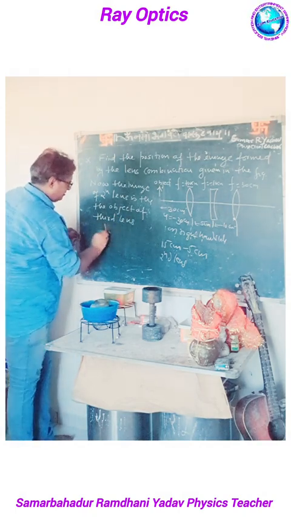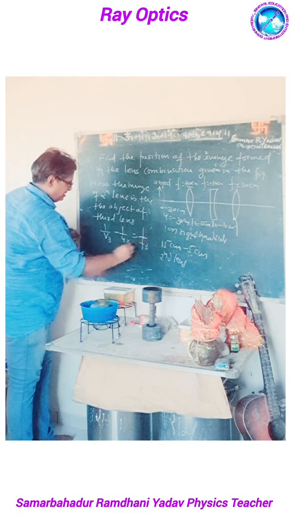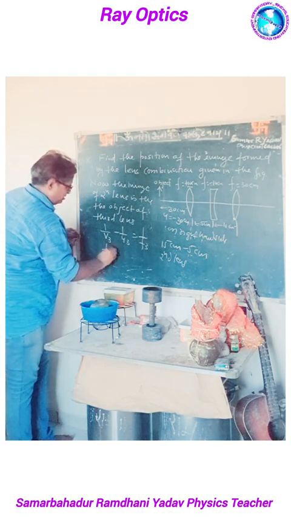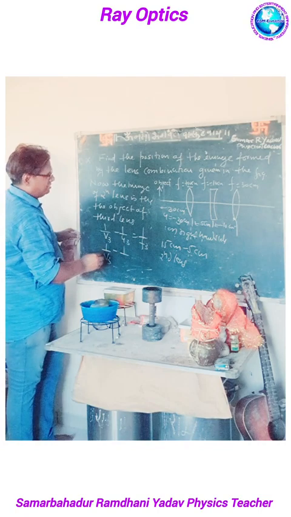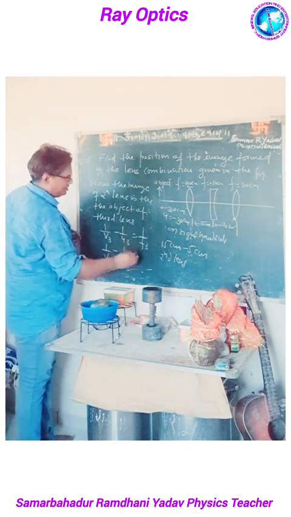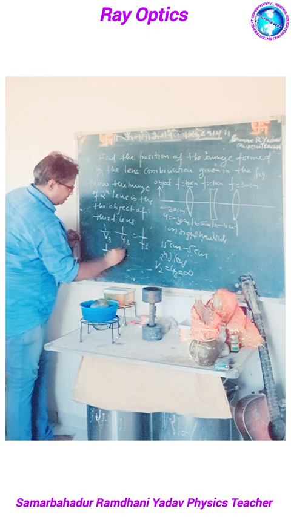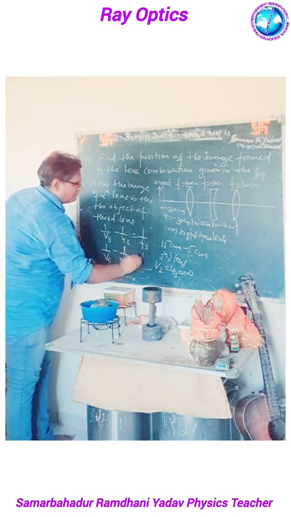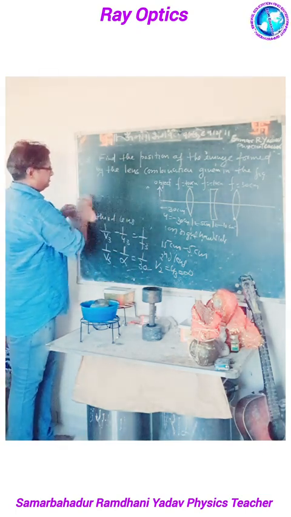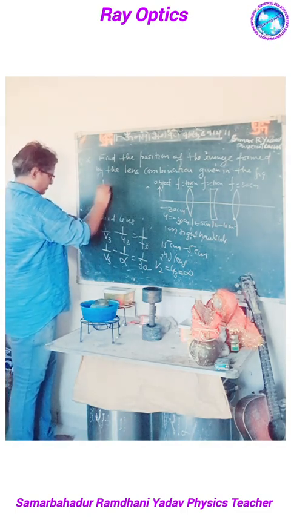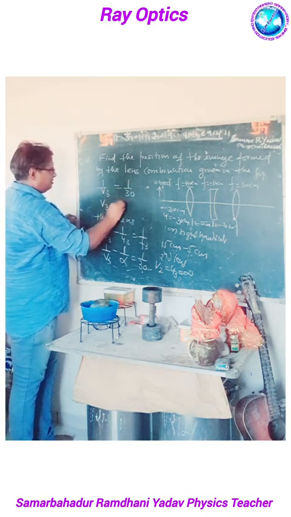Therefore 1 upon v3 minus 1 upon u3 is equal to 1 upon f3. We know that here v2 is equal to u3 is equal to infinity. So you can write 1 upon infinity, and f3 is 30. Therefore 1 upon v3 is equal to 1 upon 30. Therefore v3 is equal to 30 centimeter.